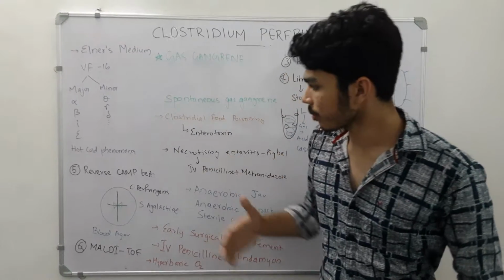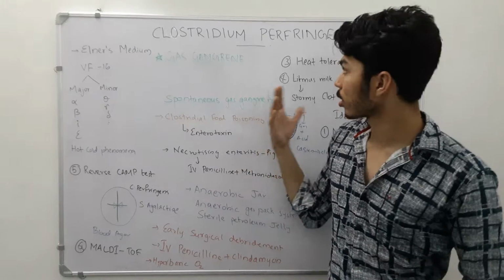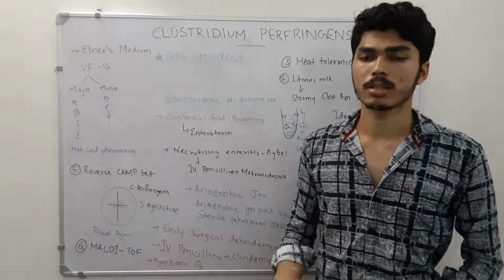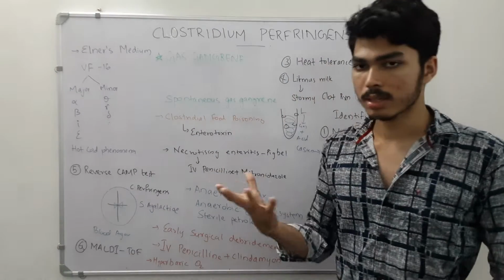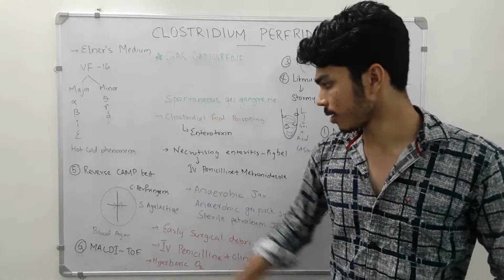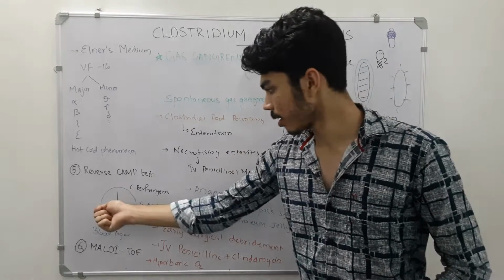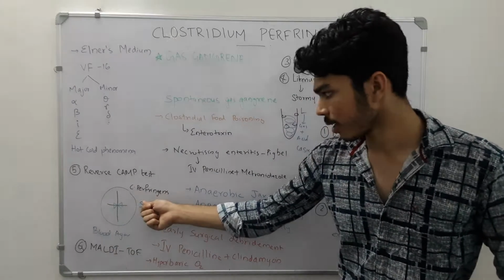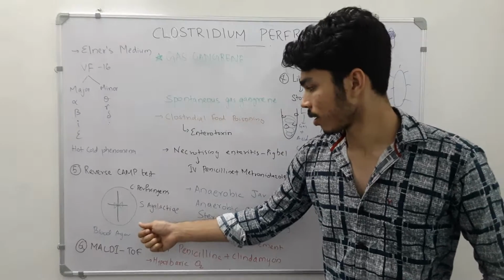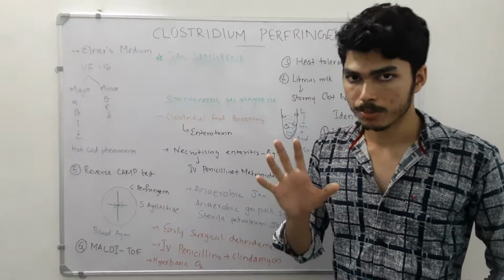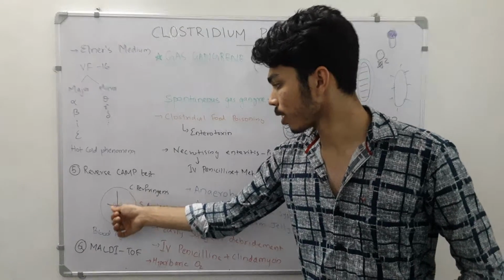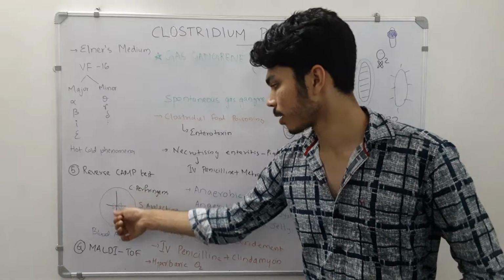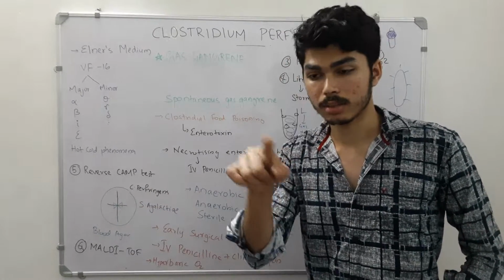The fifth method by which we can identify the Clostridium perfringens is the reverse CAMP test. What is meant by this? You take a blood agar and streak the Clostridium perfringens and the Streptococcus agalactiae perpendicular to each other. What you can observe is more hemolysis, that is synergistic hemolysis, especially at the meeting region, like an arrow.